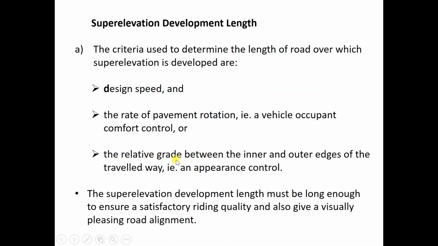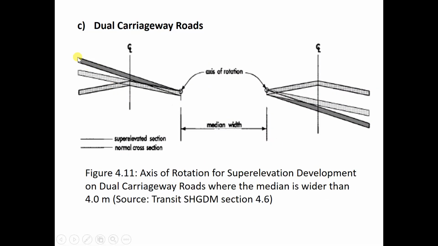Thirdly, the relative grade between the inner and outer edge of the travel way, i.e. the appearance control. So we don't want the grade to be too high. On flat terrains, if the outside edge is so high, it's not aesthetically very nice.